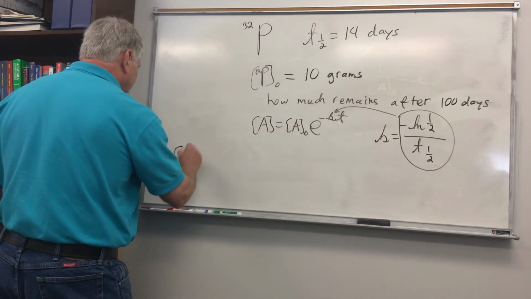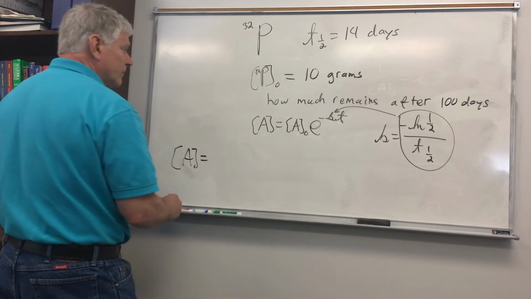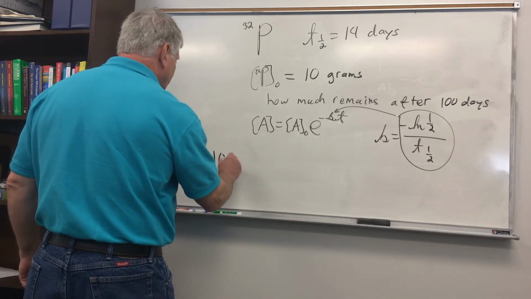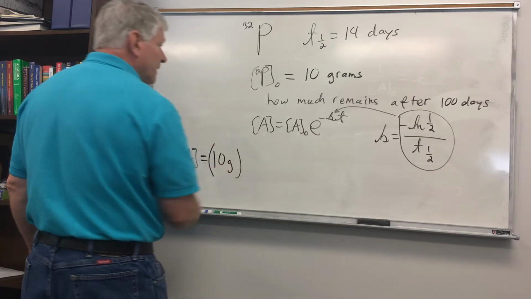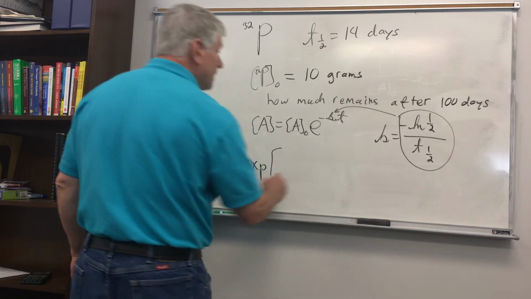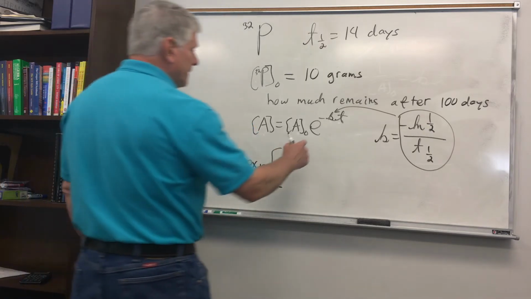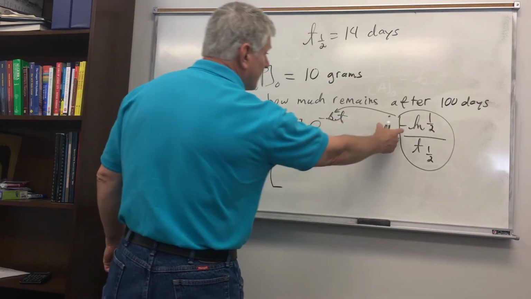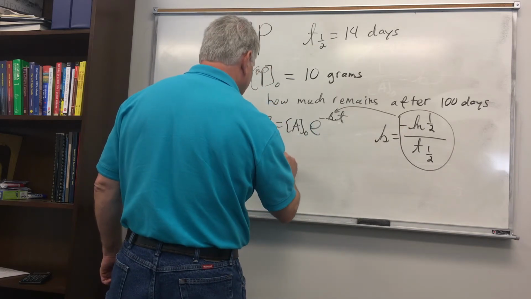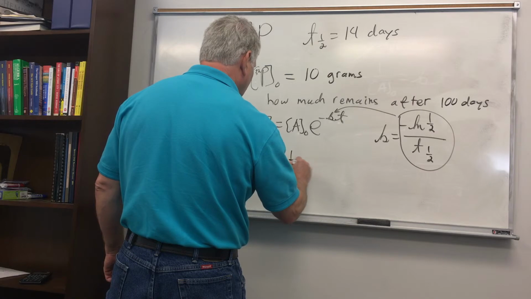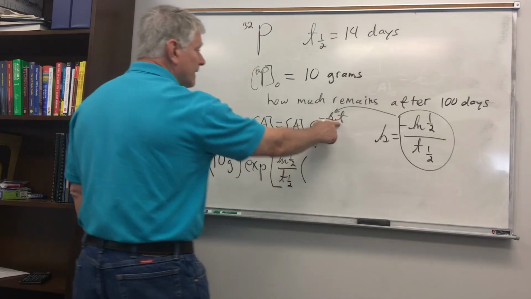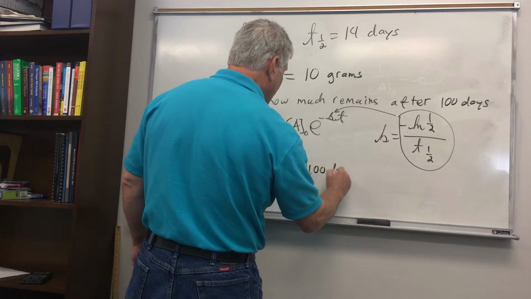So the amount of A is equal to the initial amount, 10 grams, times e to the negative K, and K is negative natural log 1/2 over T 1/2, so this is just natural log 1/2 over the half-life times the time, 100 days.